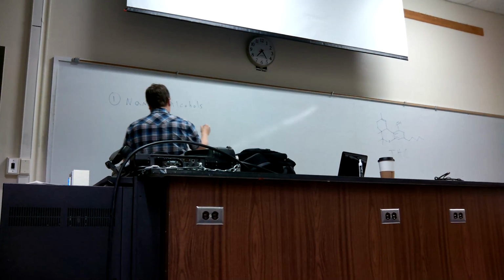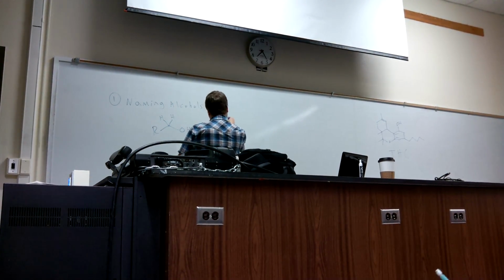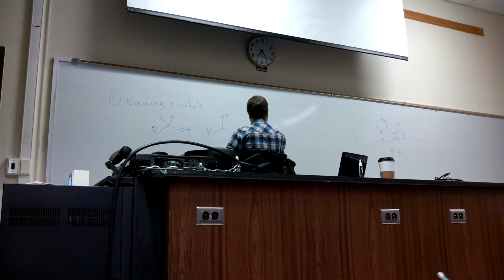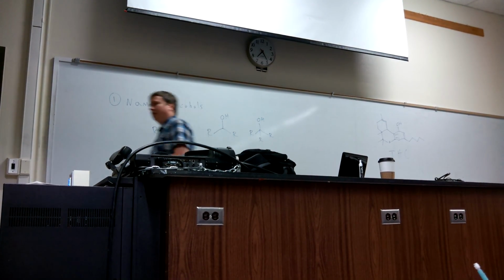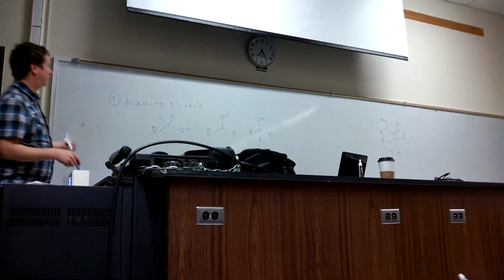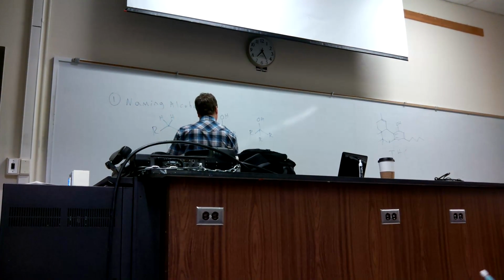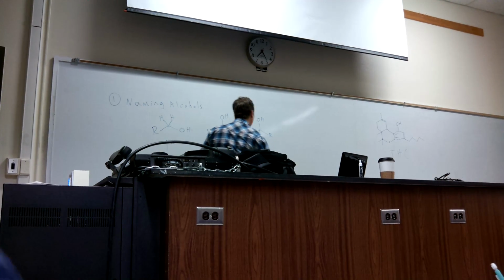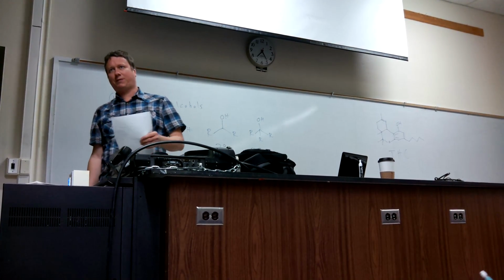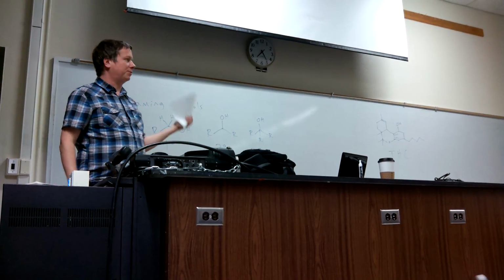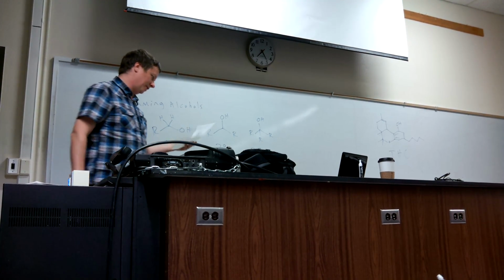One thing about alcohols is we have a classification system. If you have one R group, it's primary, 2 R groups is secondary, 3 R groups is tertiary. So if I say tertiary alcohol, it means you've got 3 R groups, etc.